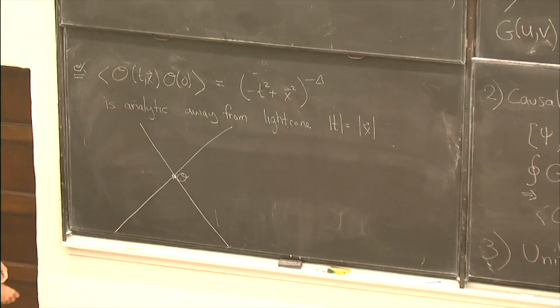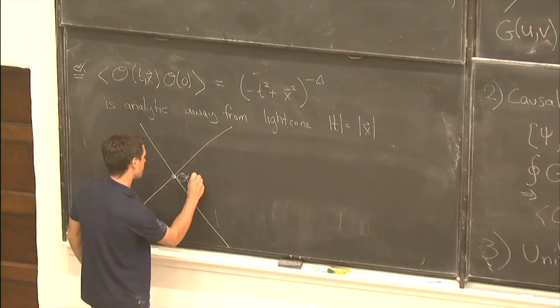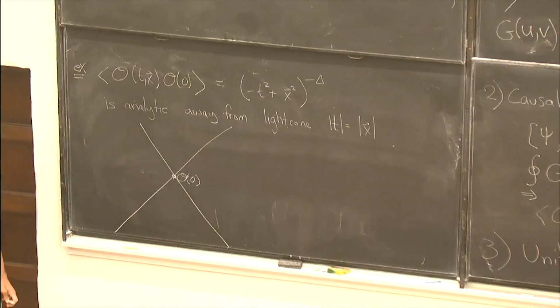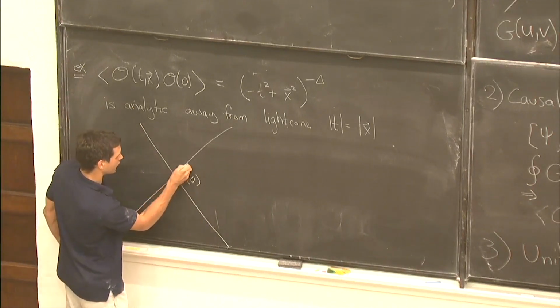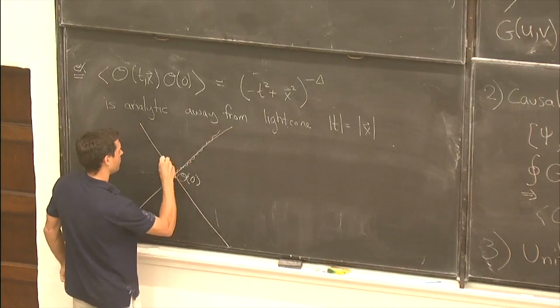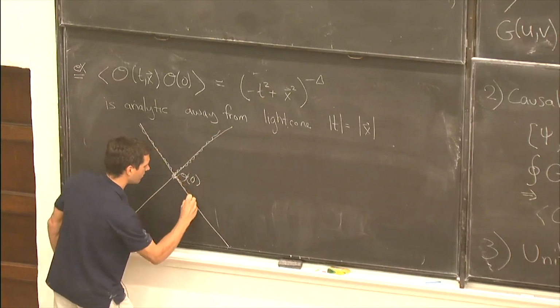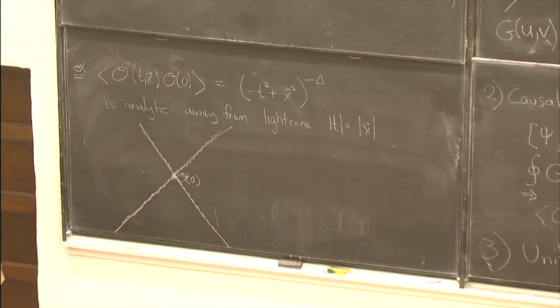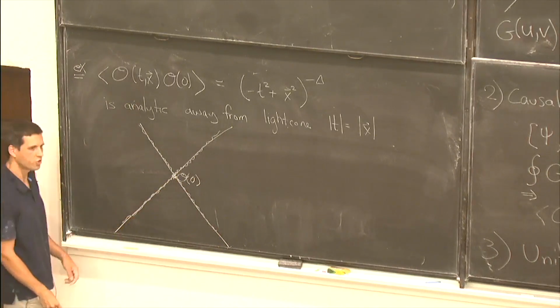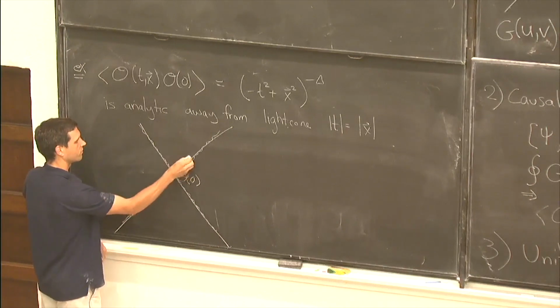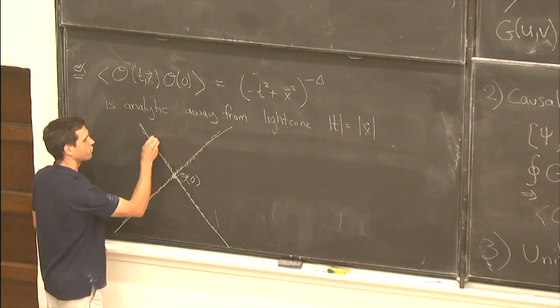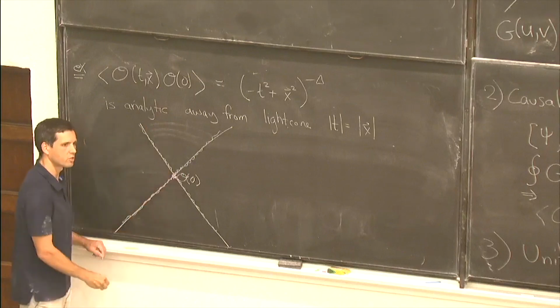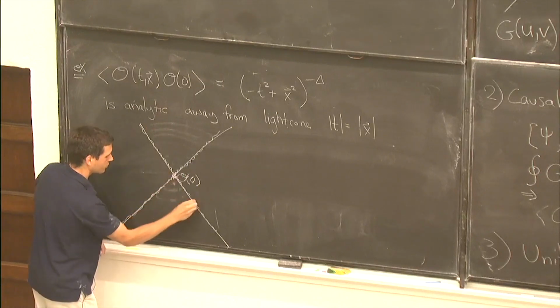So the way I like to think about it is that you have an operator at 0, and this operator creates branch points on its light cone. And the branch cut is sort of the whole future. The light cone is like the branch point, and the future is like the branch cut.